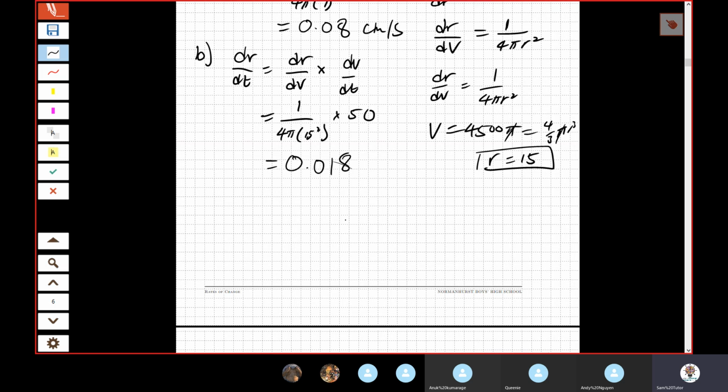I mean, if you think about a balloon, imagine right at the beginning, you've got a small balloon, really horrible shaped balloon. The radius would be getting larger quicker at the beginning, and then once it's a really big balloon, the radius won't be changing that much as you put more and more water in, right?